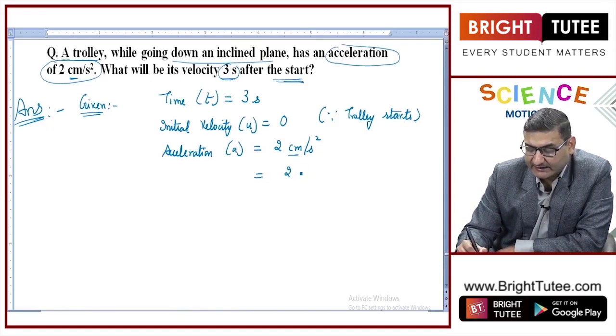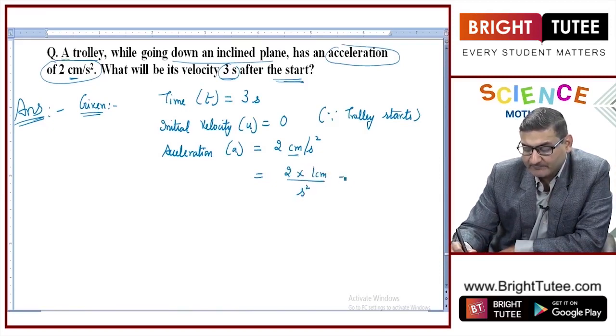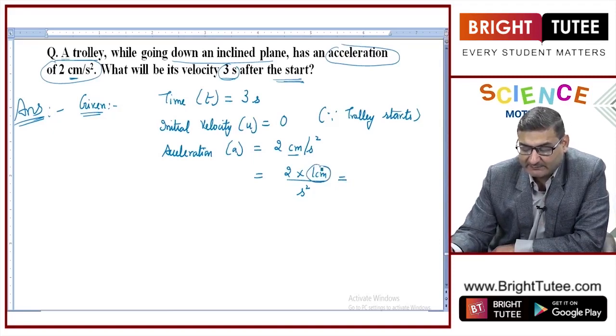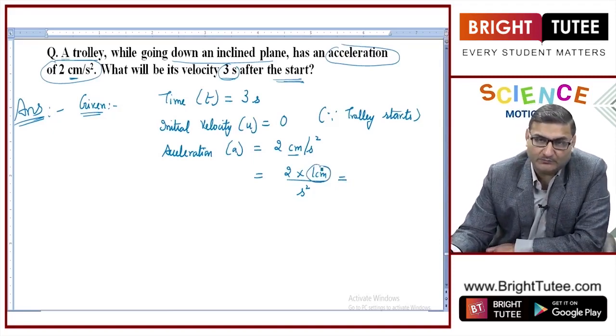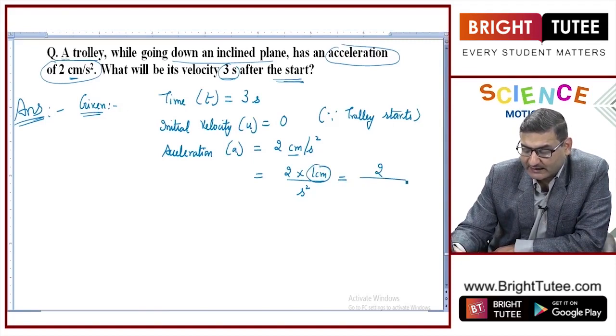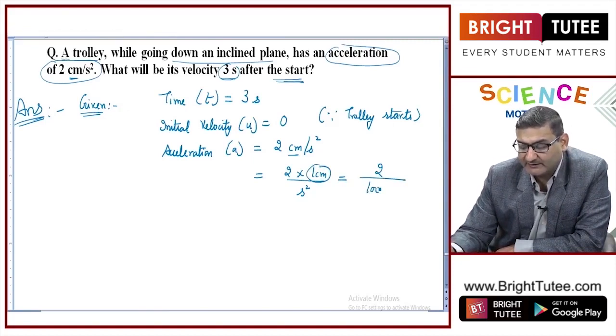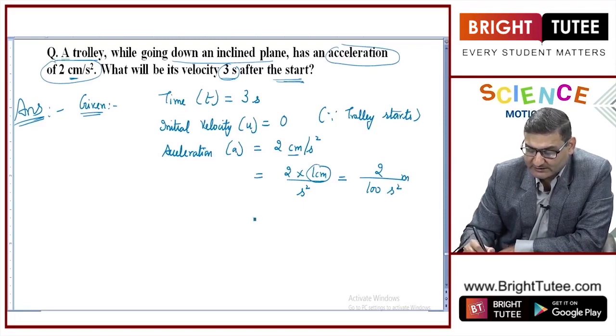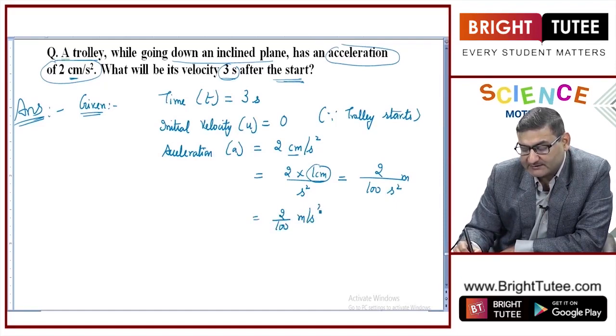I can write it as 2 into 1 centimeter per second square, and rather than writing centimeters, to convert it into meters, I need to divide it by 100, then it will become meters per second square. So this becomes 2 upon 100 meter per second square.